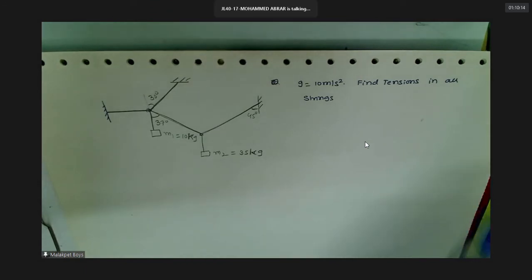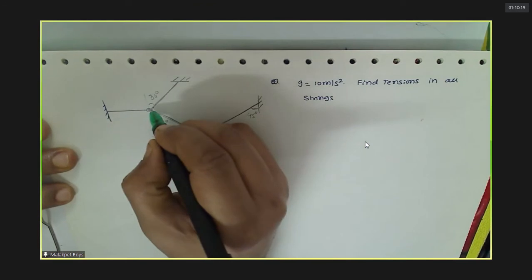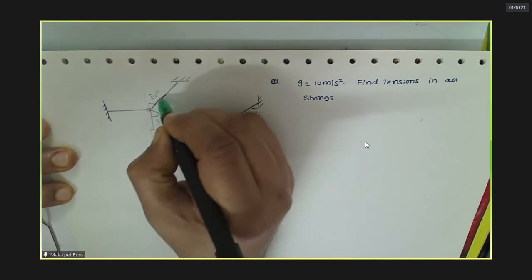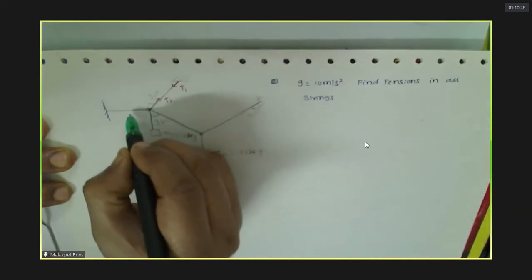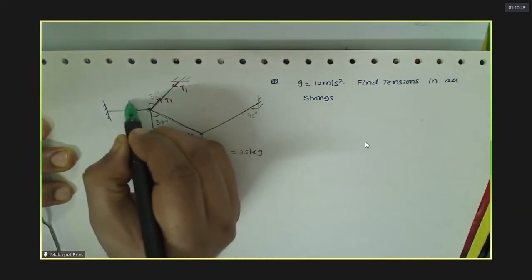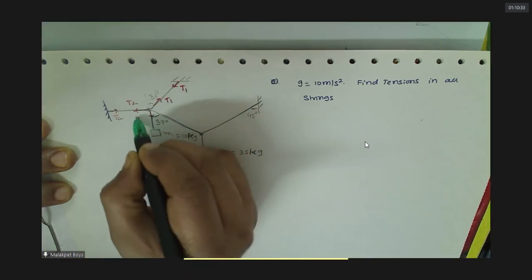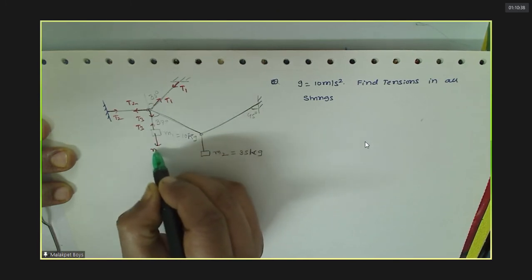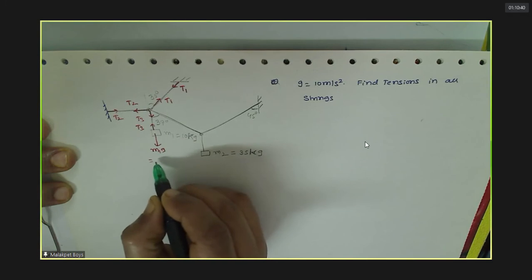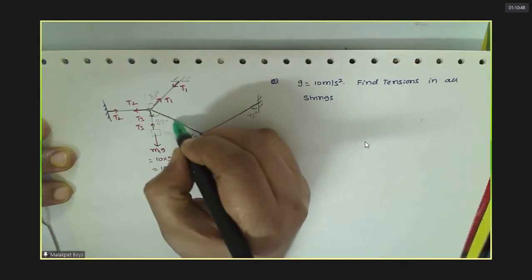Right. Now let us show the forces. Here you can see this is one force. I'll take this as the first string, action, reaction. This is T2. I can take like this now. This is T3. This is T3. This is M1G. Similarly, this is T4.